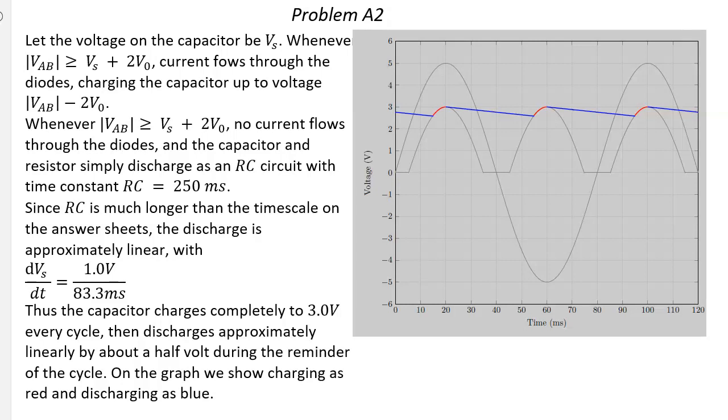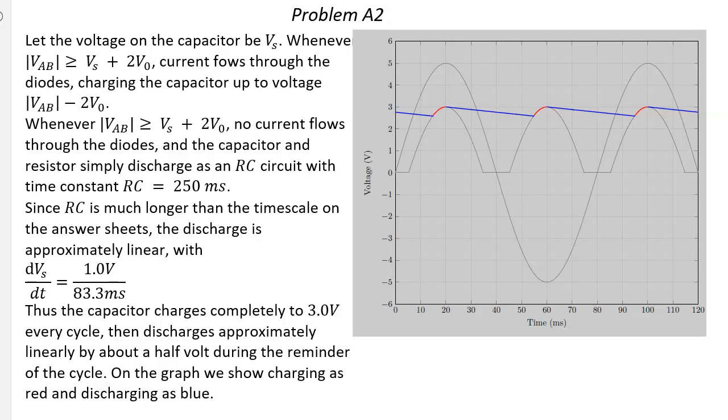Since RC is much longer than the time scale on the answer sheet, the discharge is approximately linear, with dVS over dt equal to 1 volt per 83.3 milliseconds.